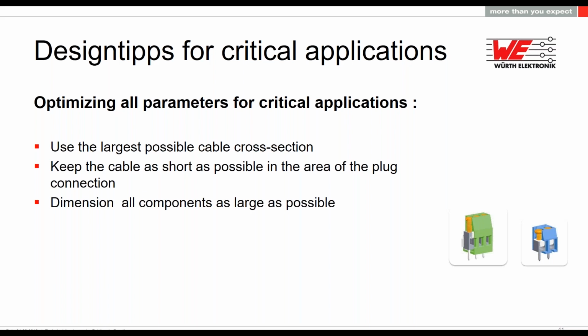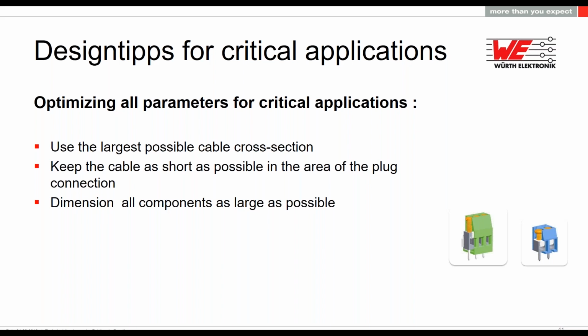Of course, the next point is something that's easy to say: dimension all components as large as possible. Bigger components can take more heat, but of course, due to requirements, we are sometimes bound to certain housing formats and sizes, so that we cannot easily take a bigger component.